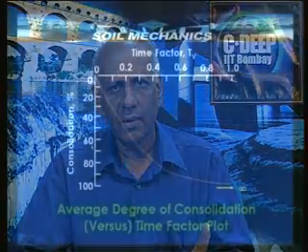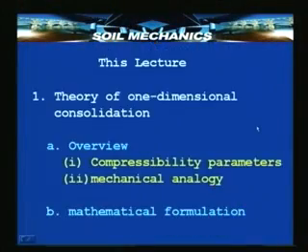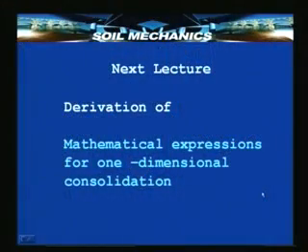In the next lecture, we will see how this T varies and how the percentage of consolidation depends upon T, and we shall once again briefly review what we have done in today's lecture and then go on to deriving the mathematical expressions for consolidation. Thank you.